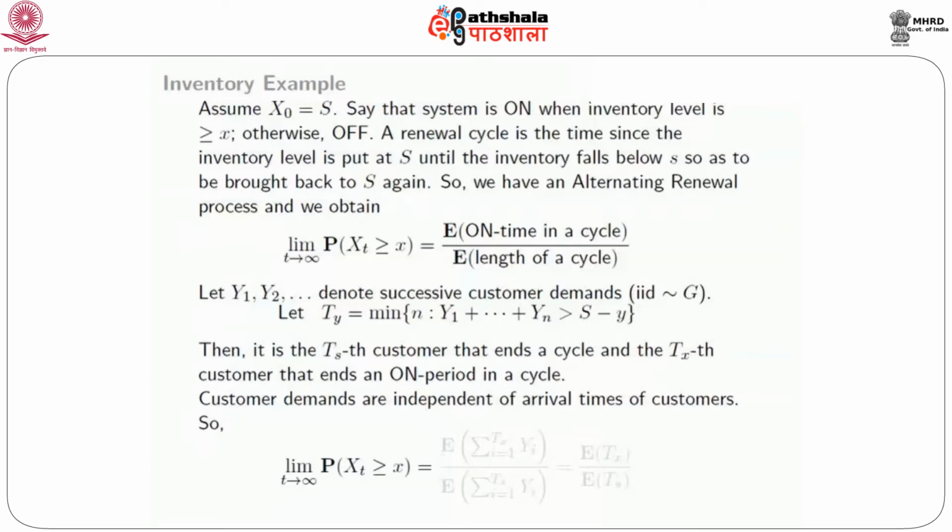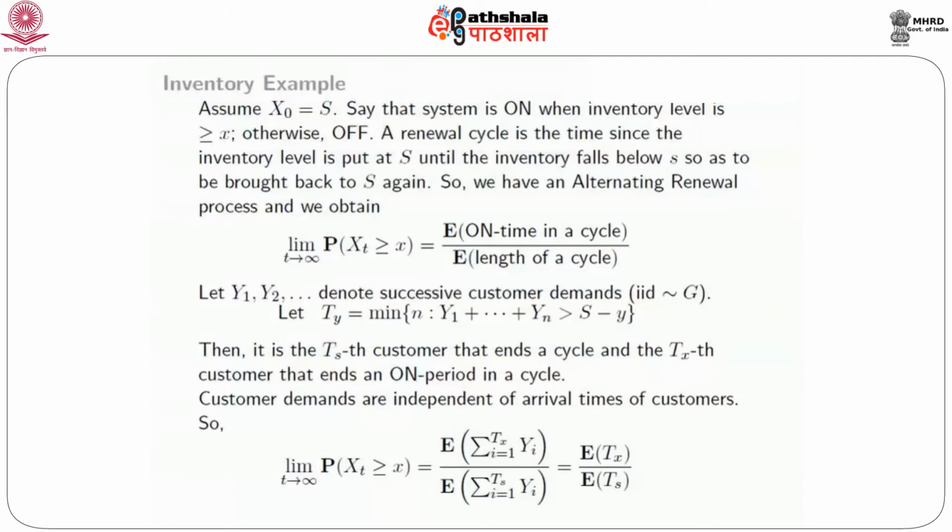Therefore, the limit of the probability X(t) greater than or equal to x, as t goes to infinity, equals the expectation of the summation of Yi, i ranges from 1 to Tx, because the Tx-th customer brings an end to the on period, divided by the expectation of the summation of Yi, i going from 1 to Ts, because the Ts-th customer ends a cycle, which of course equals E[Tx] by E[Ts].